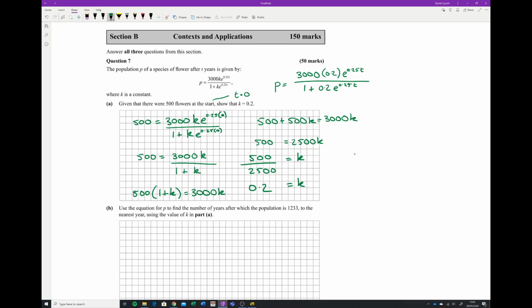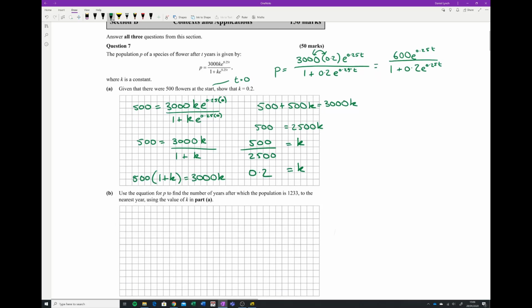So we have now stuck in the value of k. I think it is worth doing that 3000 multiplied by 0.2. They are just multiplying each other, so it is okay just to say that that is 600 times e to the 0.25t, and down here 1 plus 0.2e to the 0.25t.